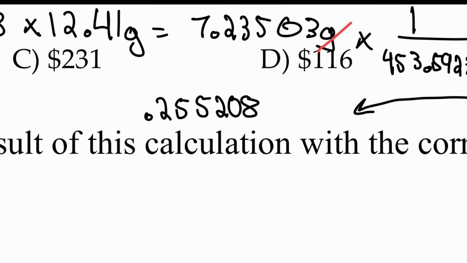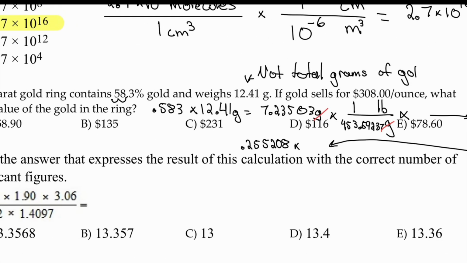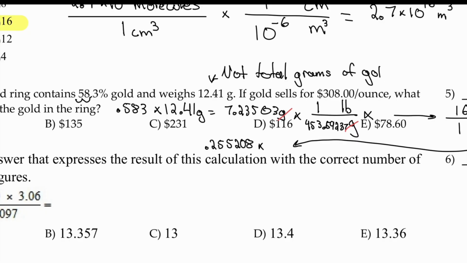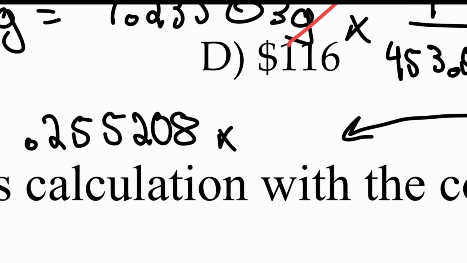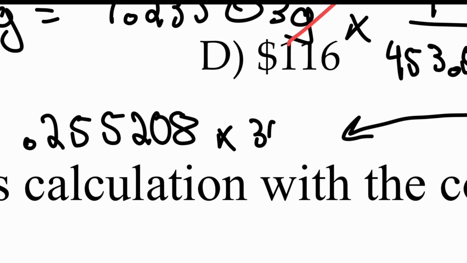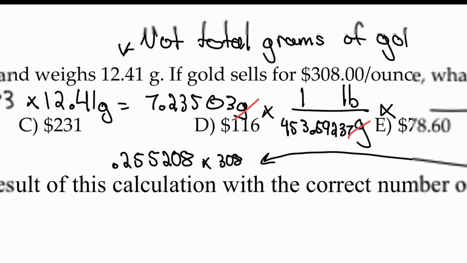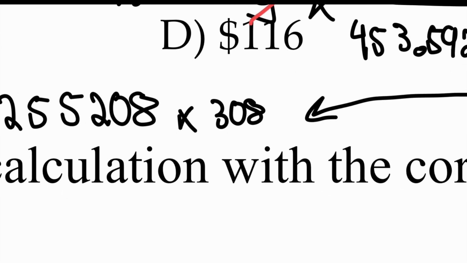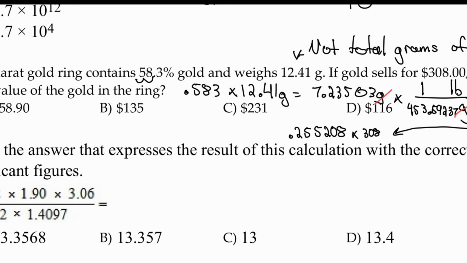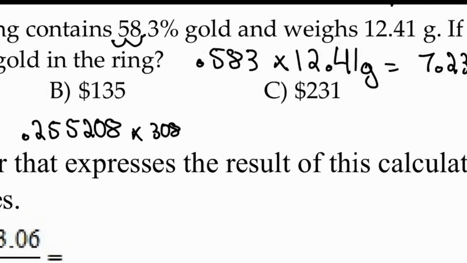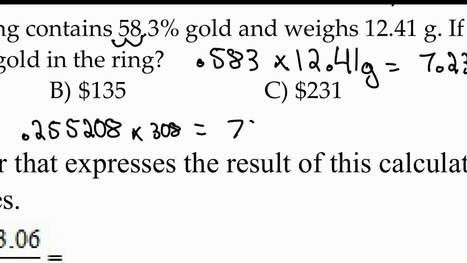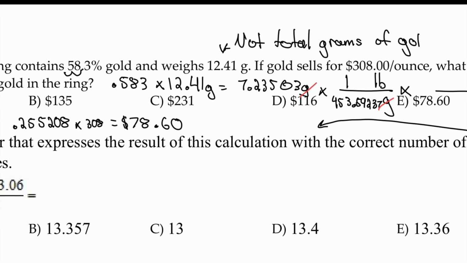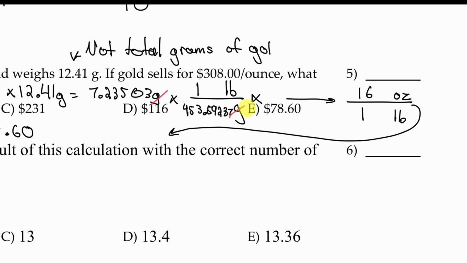We're actually going to multiply by 308 to figure out how much the amount of gold will sell for. It's 308, right? 308. Now we get $78.60, which is answer choice E.